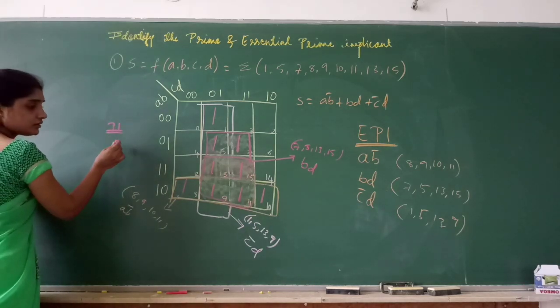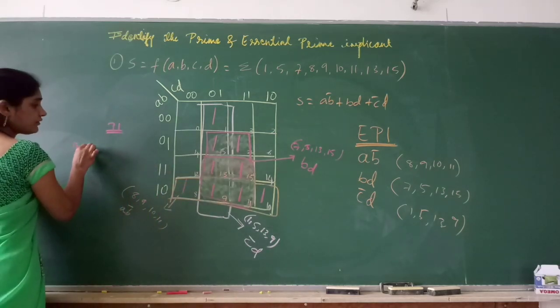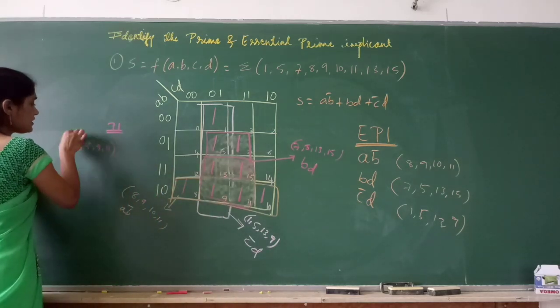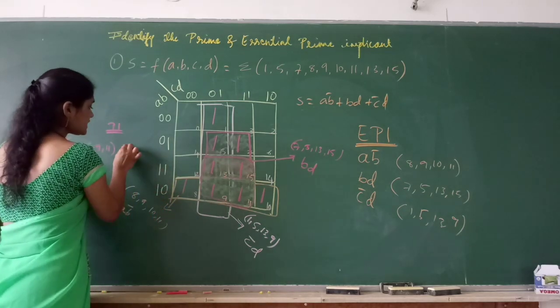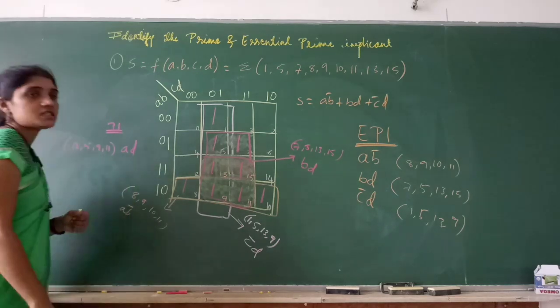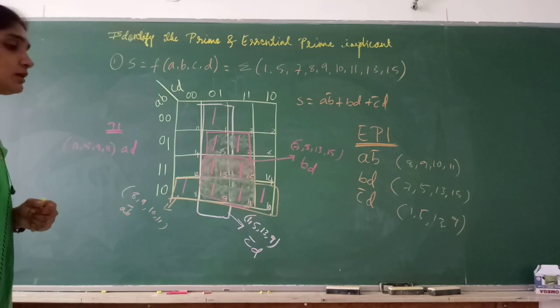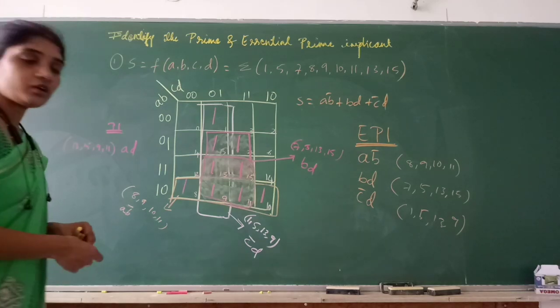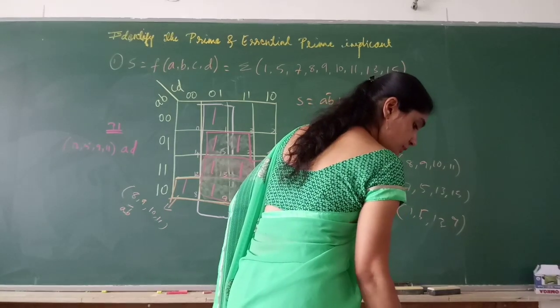What is the equation we get when we group 13, 15, 9, 11? We get A, then D: AD. So this is a prime implicant, but not an essential prime implicant. This is how we list out the prime implicants and the essential prime implicants.